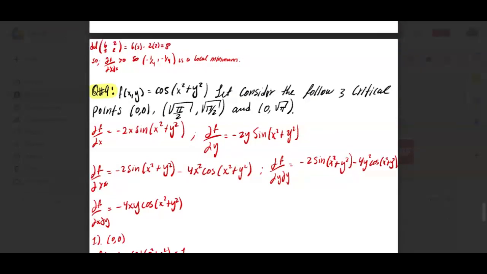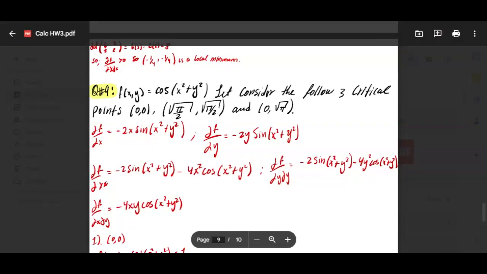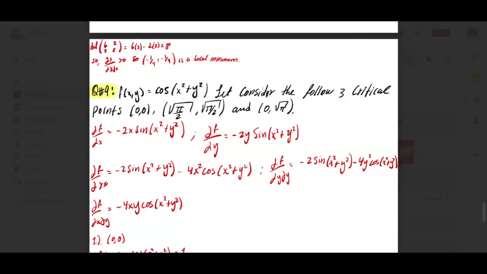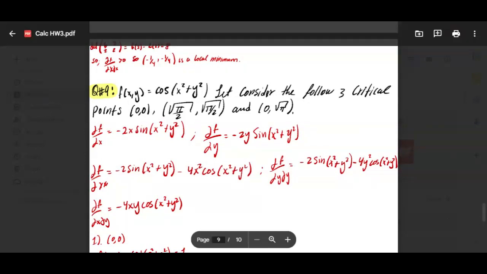So then, we are given a function of x comma y, which is cosine of x squared plus y squared, and they're asking us to consider these 3 critical points, but at the same time determine if we have a local minima, maxima, or a saddle point.